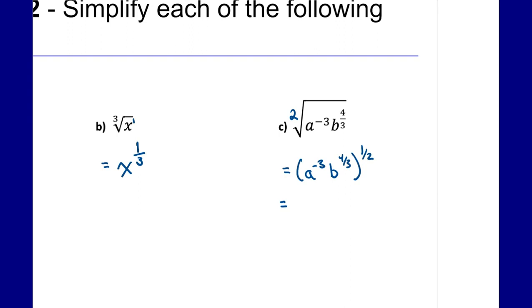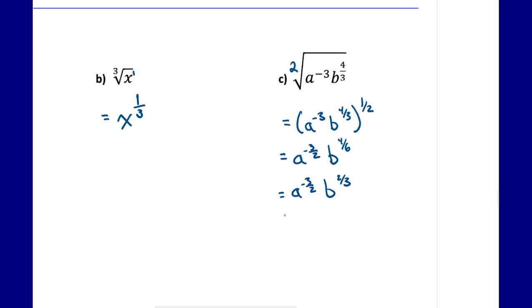I can use my exponent rules to simplify, so I can multiply all the exponents by 1/2. So a to the power of negative 3 over 2 times b to the power of 4 over 6, or you could say 2/3.